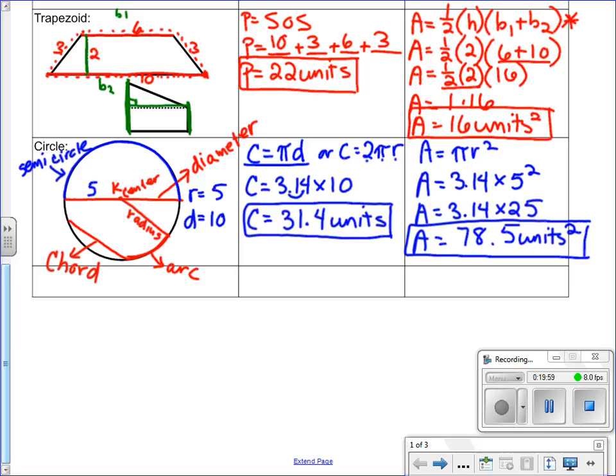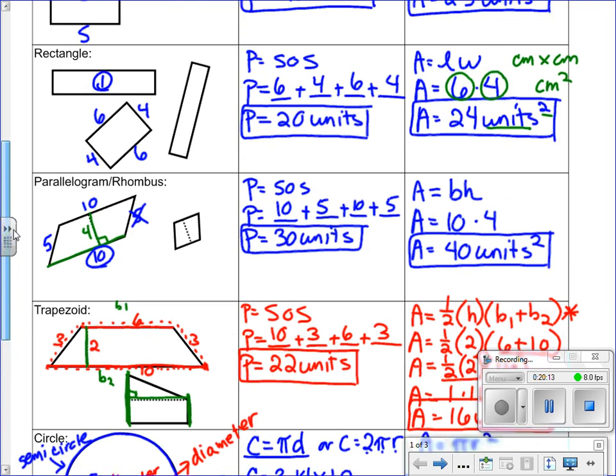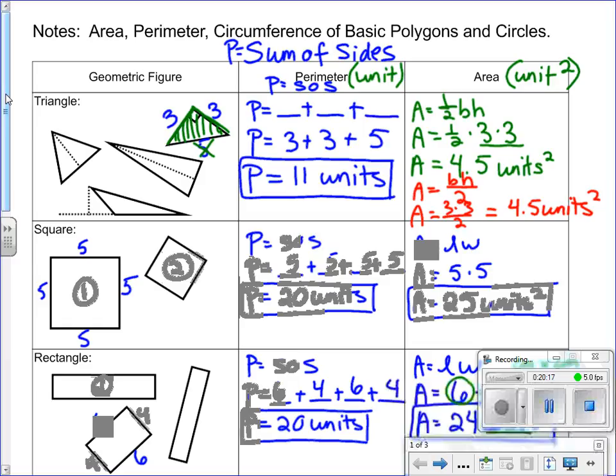Okay, so this is basically all we need to worry about for now. We're just talking about our plane, like I said, polygons, regular geometric figures, including our circle. Make sure you can do the area, perimeter of all of those. Especially, like I said, trapezoid, that's probably one of the harder ones. But keep in mind all of your formulas. That's what you need to make sure you start memorizing.